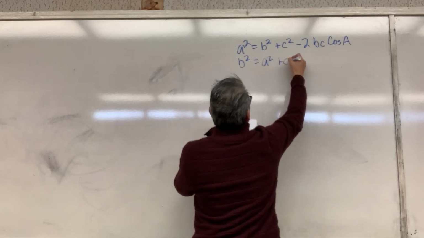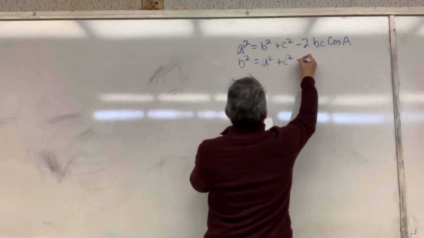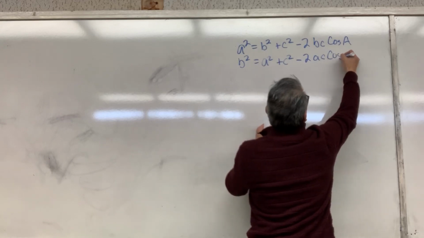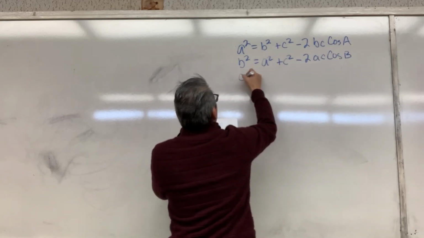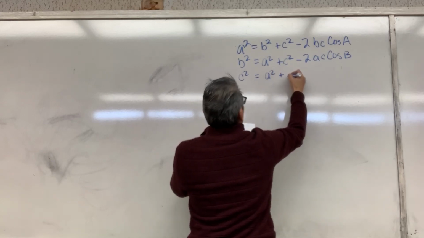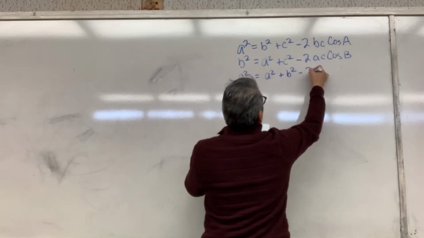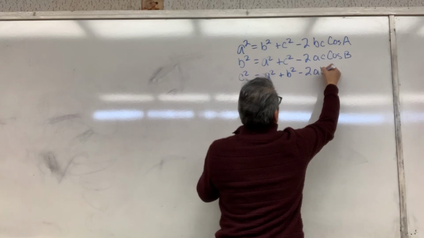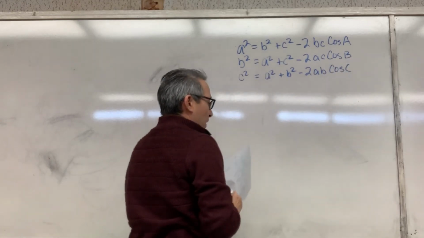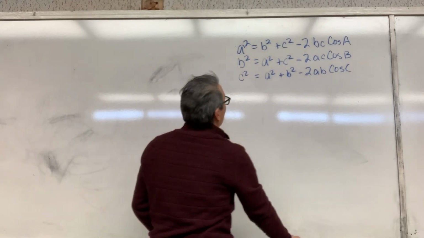B squared equals A squared plus C squared minus 2AC cosine B. And finally, C squared equals A squared plus B squared minus 2AB cosine C.